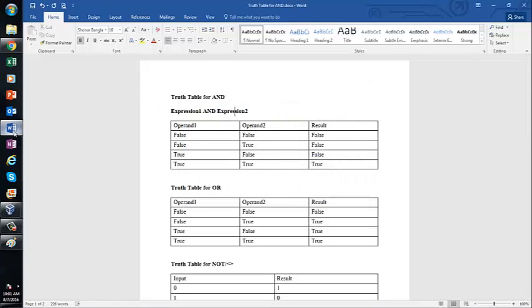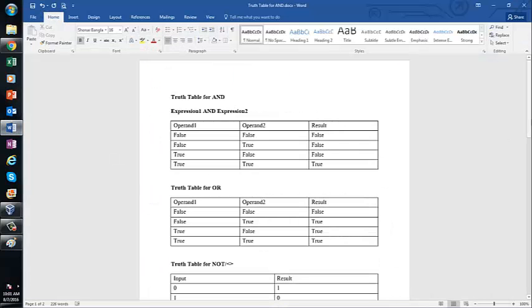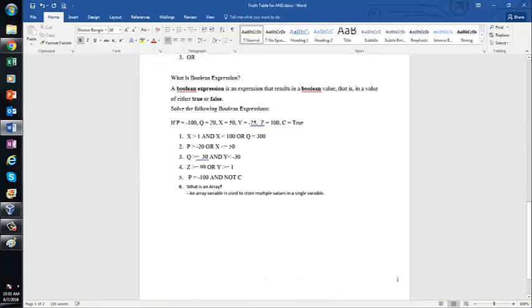Okay, let's take a look here. Now let me give you another example. Let's say x equal to 20, and y equal to 10.